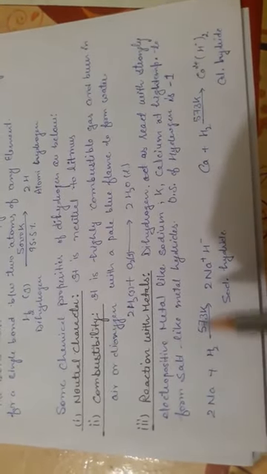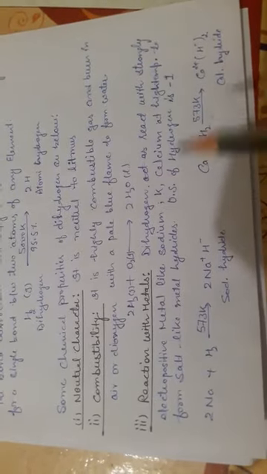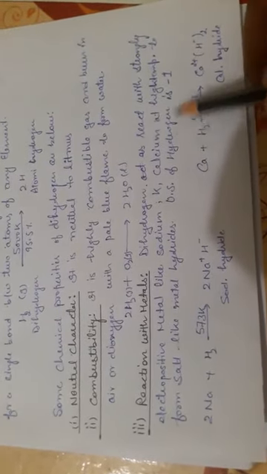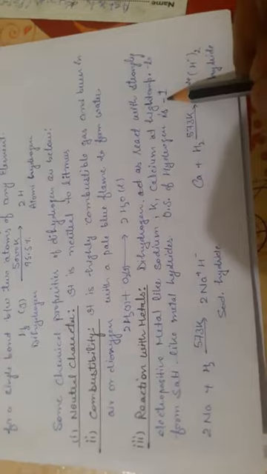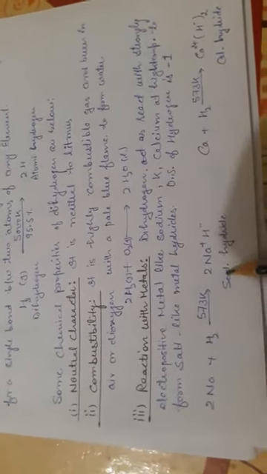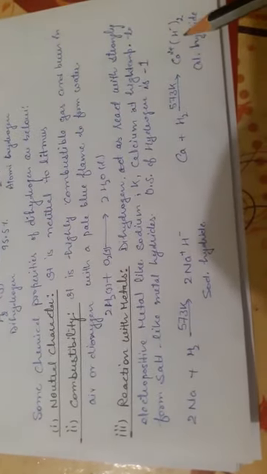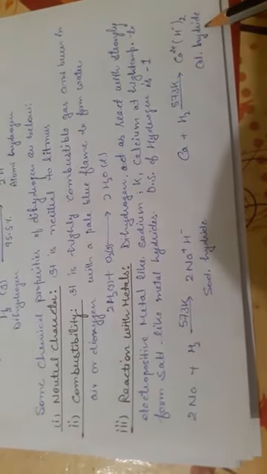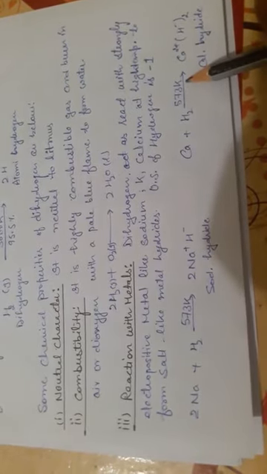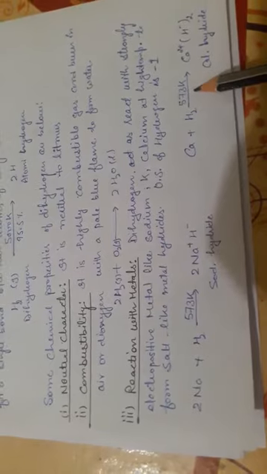So remember that when hydrogen reacts with alkali metals, the oxidation state of hydrogen is -1. Similarly, we form sodium hydride, and with an alkaline earth metal we form calcium hydride, at the same temperature of 573 Kelvin in both cases.